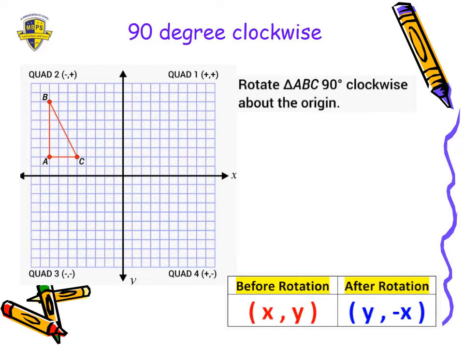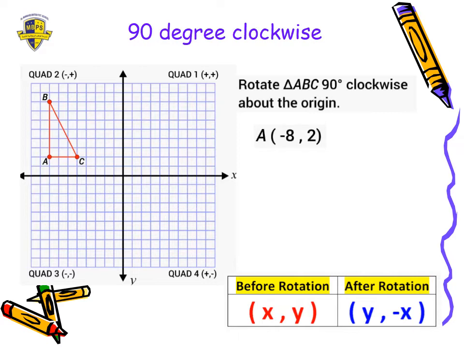Let's check the points. The first point is A. Who can tell me the coordinates for A? We count how many squares or how many units. This is in the second quadrant, so remember x is minus, so this will be minus 8 and 2. Good.